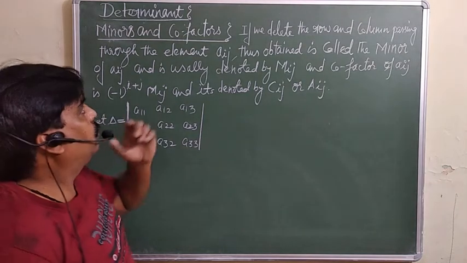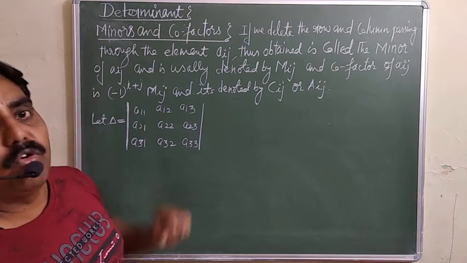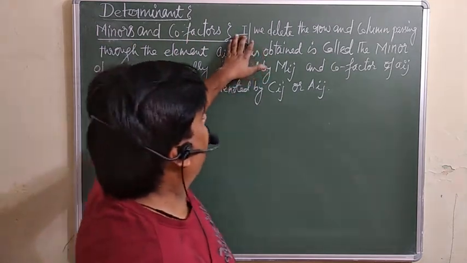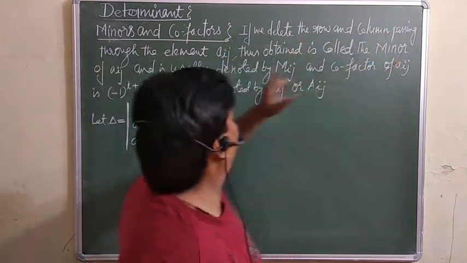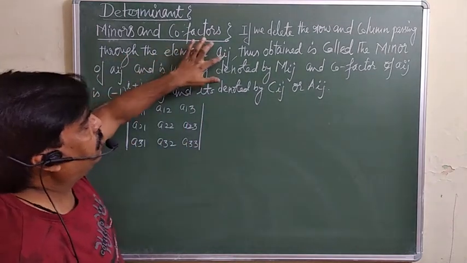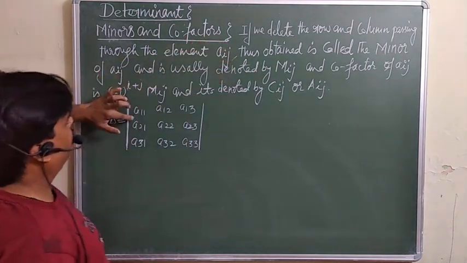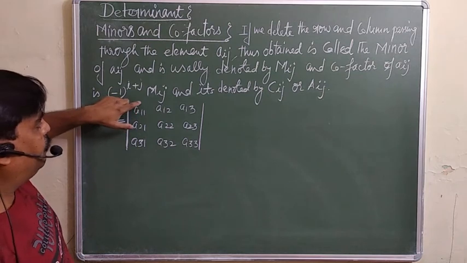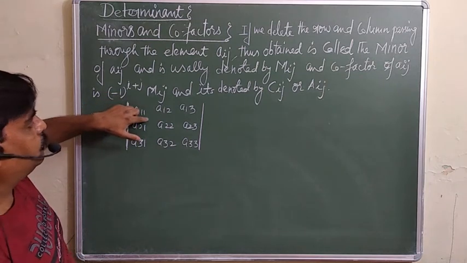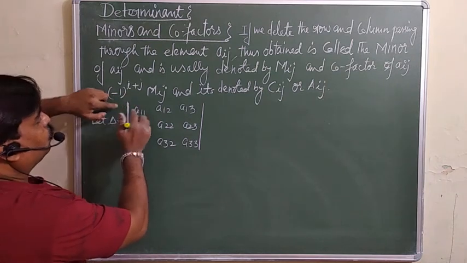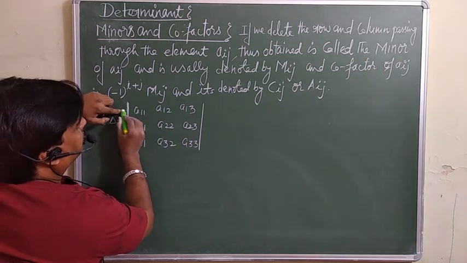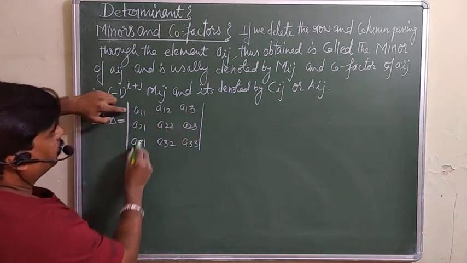Okay, now we will discuss the minors and the cofactors. Let's suppose the element we are taking is A11, and we want to find the minor of this A11. What we are supposed to do is delete this row and this column.